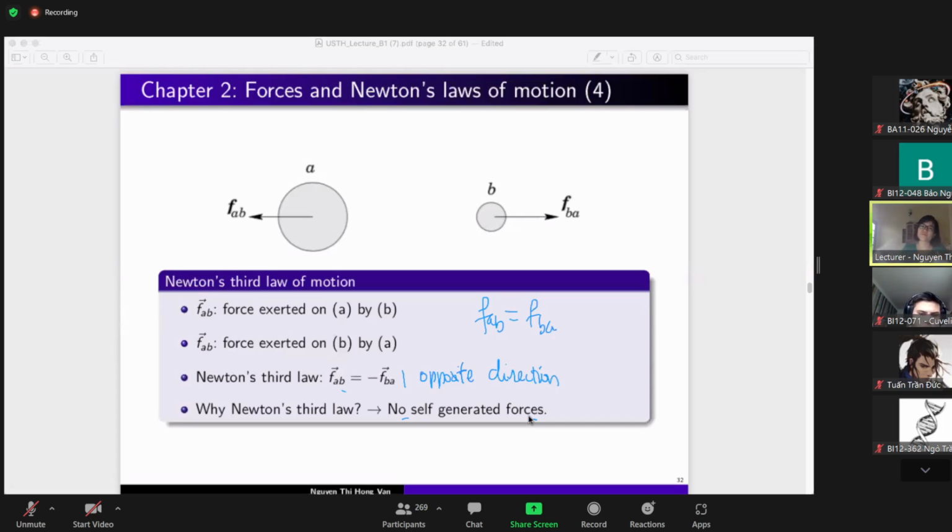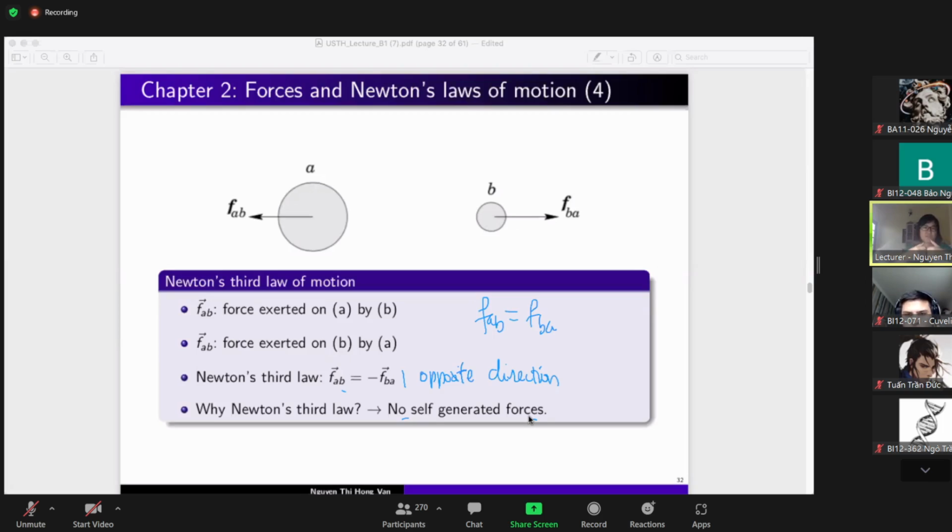Okay. So that is why if you hit, you feel pain on your hand. Still, this guy feels pain, because they are the same force. And if you consider this A and B as a system, a closed or isolated system, then the interaction force between A and B is called the internal force.